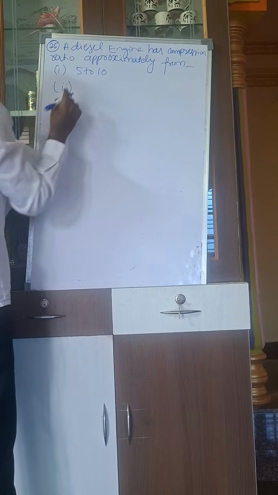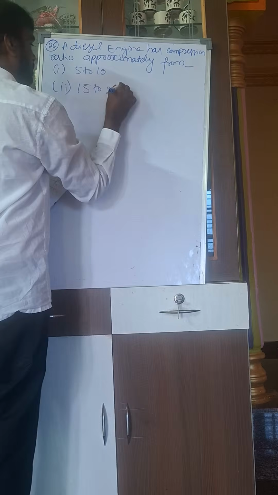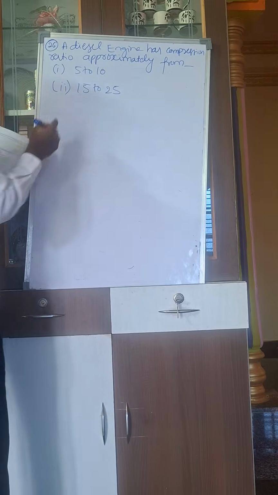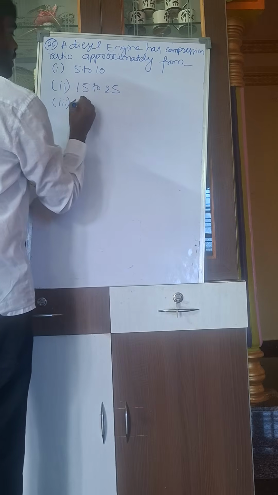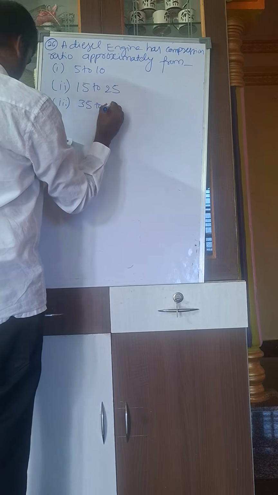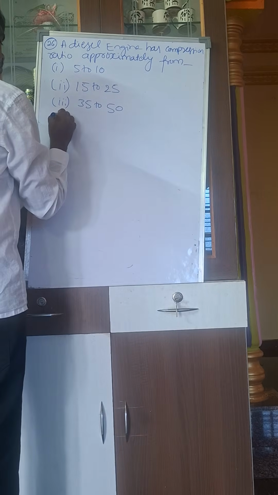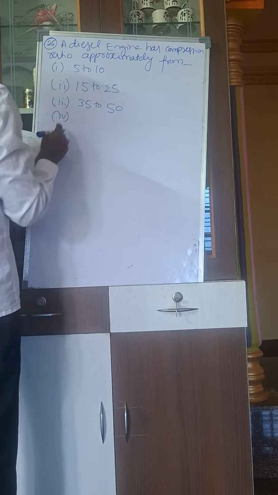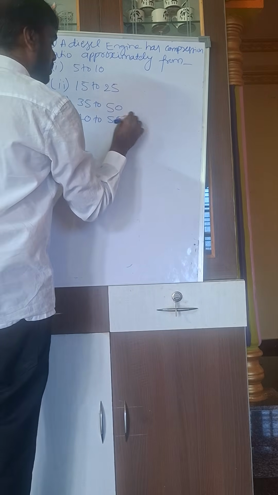Second one, 15 to 25. Third one, 35 to 50. Fourth one, 40 to 55.